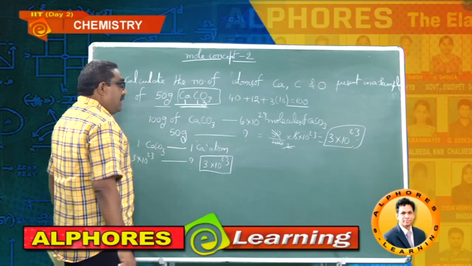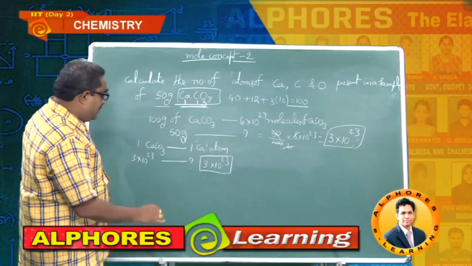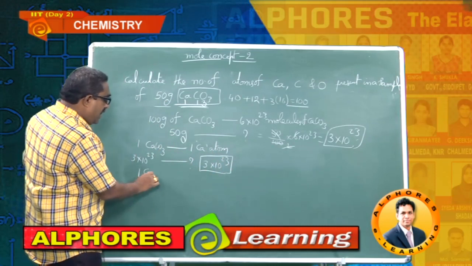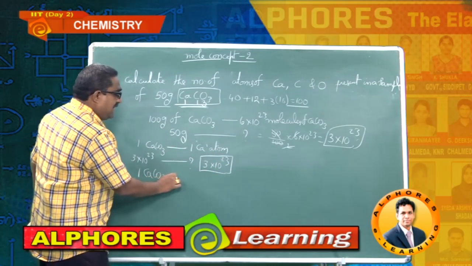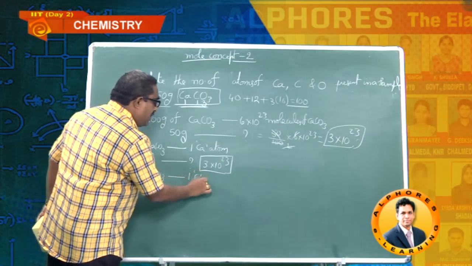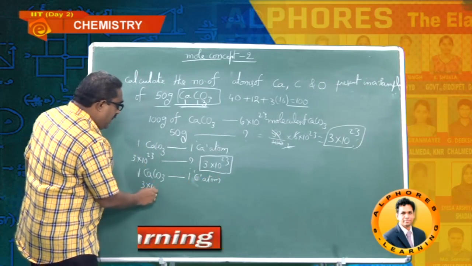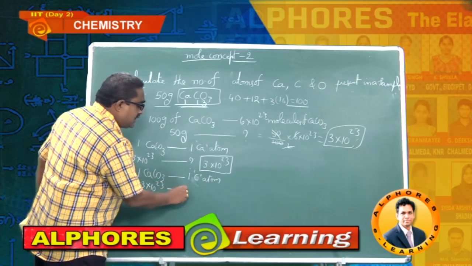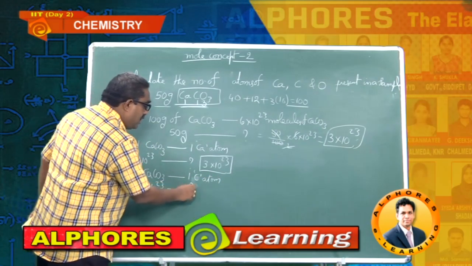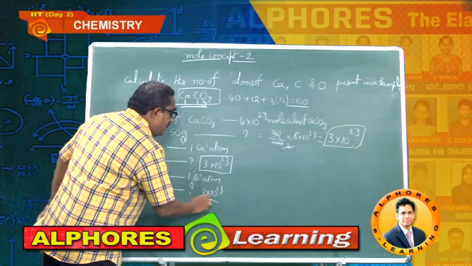Similarly, one calcium carbonate species contains one carbon atom, so for such 3 into 10 power 23 calcium carbonate molecules, the same, that is 3 into 10 power 23.